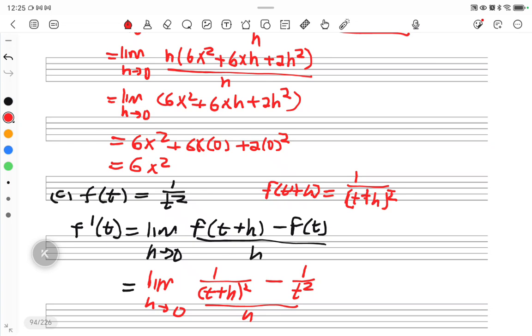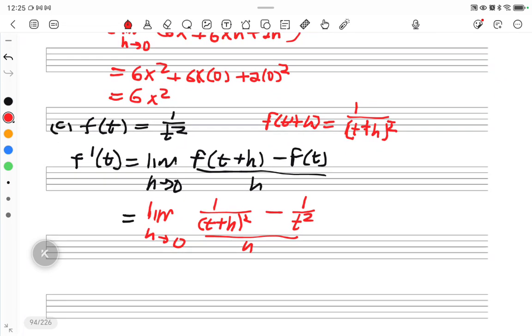We agree? And then here I told you how to work around this one. I said that you need to take this by this and you multiply them, right? Here you take t squared by t plus h squared all over t squared by t plus h squared.